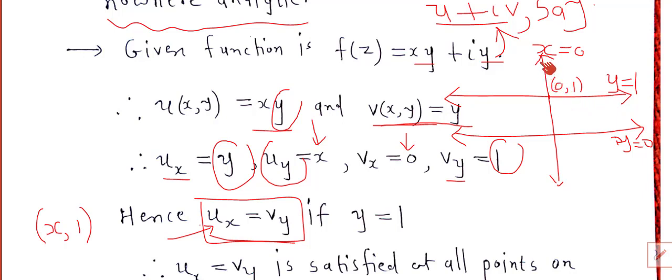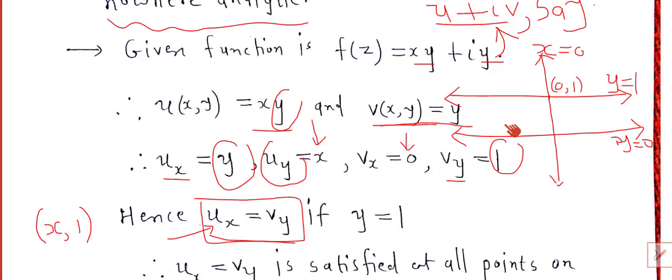So we have to determine the common point at which both equations are satisfied. One equation is satisfied on this line, another equation is satisfied on this line, and the intersecting point of both the lines is ordered pair (0, 1). So this is the only point which is on both the lines. That shows that Cauchy-Riemann equations are satisfied at ordered pair (0, 1) only.